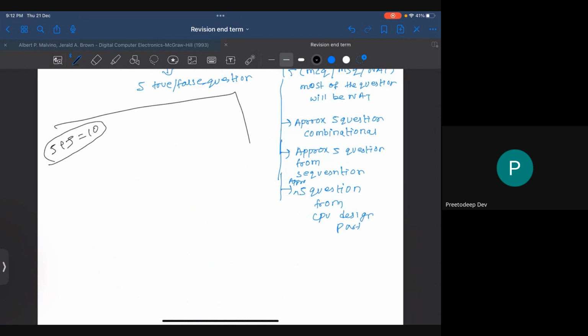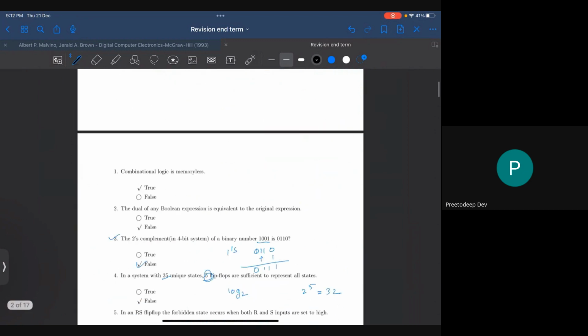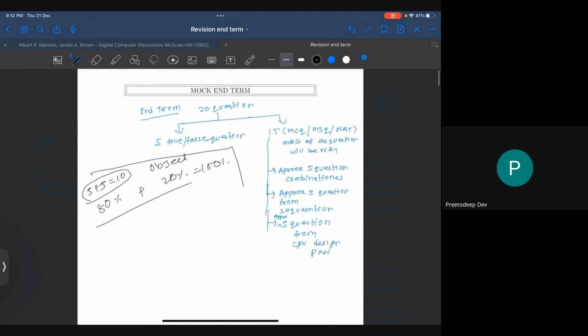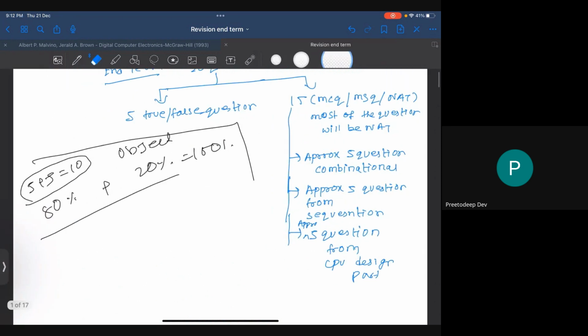This subjective question will take 80%, and whatever the objective questions will be there will take 20%. So it will be 100%. But will the marks for this one be released before the end term, or will it be released after the end term? You will get it. I saw your marks. I think you got 10 in the subjective, and Cherian also. Okay, fine.